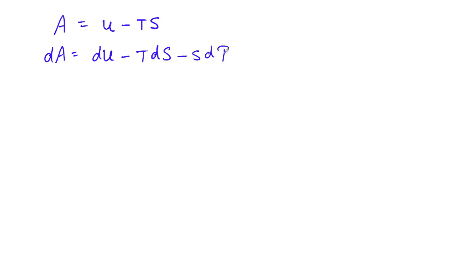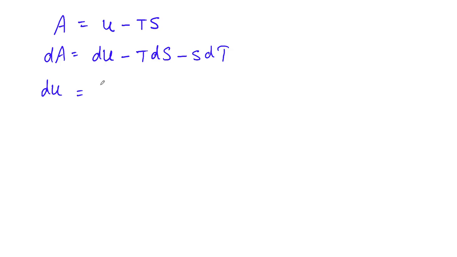So A is U minus TS. If I take the derivative of this equation, it becomes dU minus T dS minus S dT, and we have already derived the equation of dU, which is in our unit number 1.